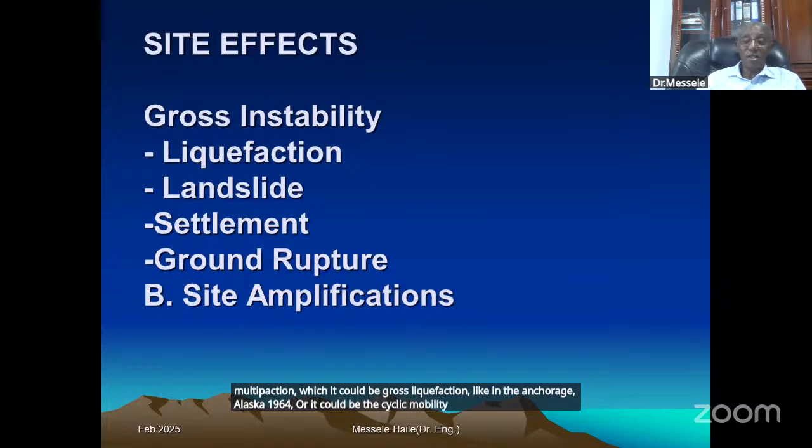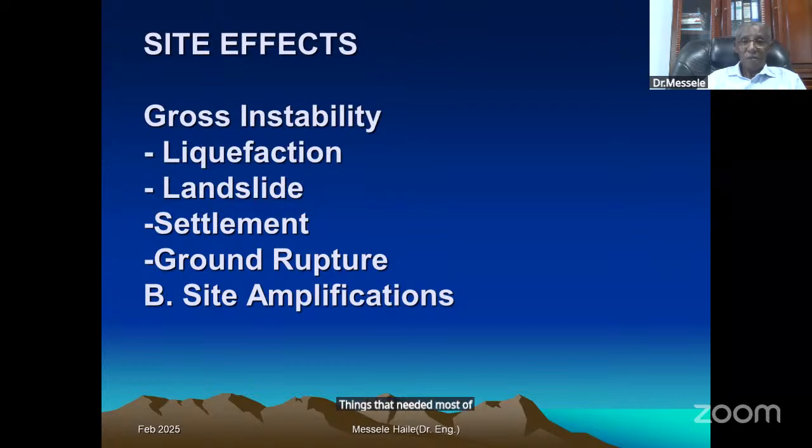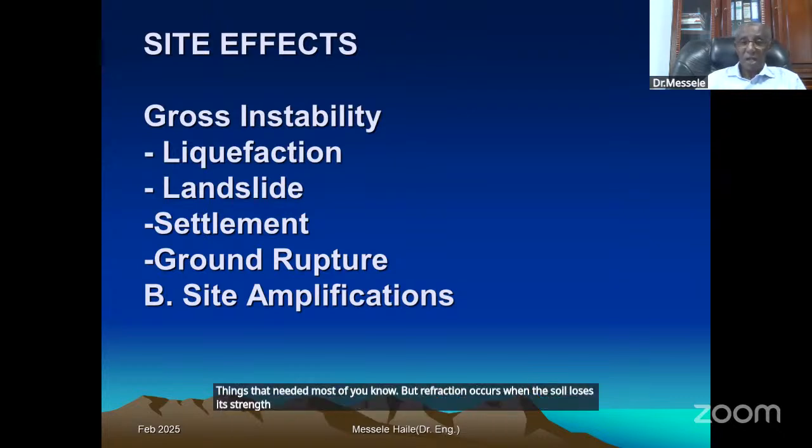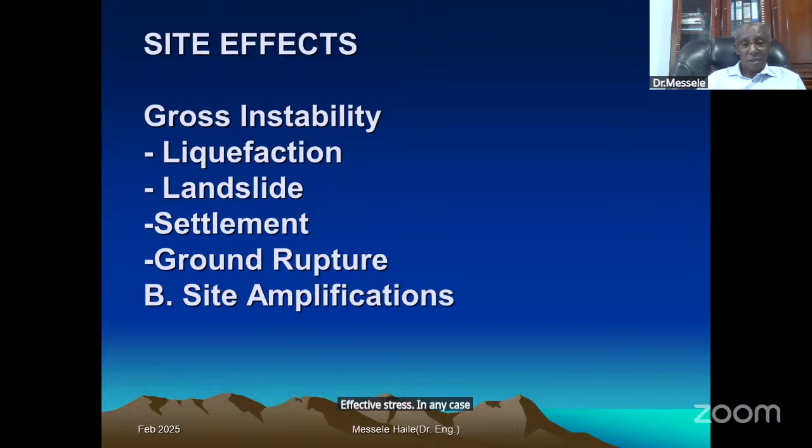In the same year, coincidentally, 1964, again in Niigata, Japan, it was caused by cyclic mobility. It is about the effective stress versus the cyclic stress. I think the detail most of you know. But liquefaction occurs when the soil loses its strength, when the cyclic stress, the dynamic stress generated, is more than the effective stress.